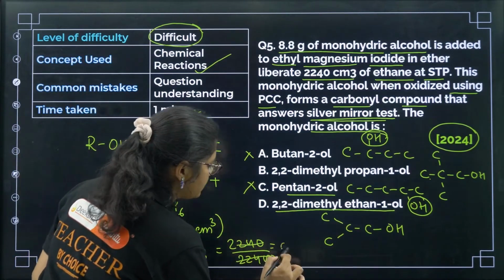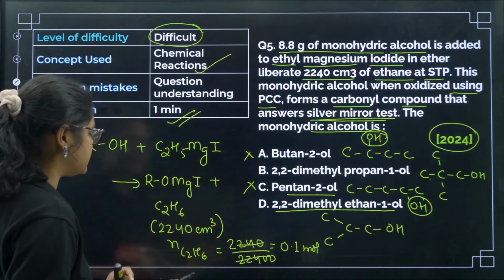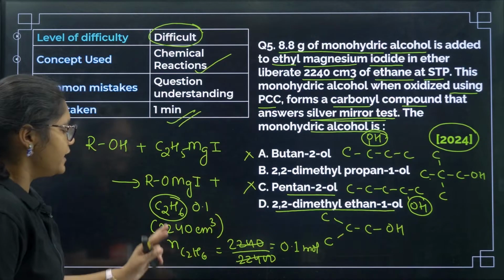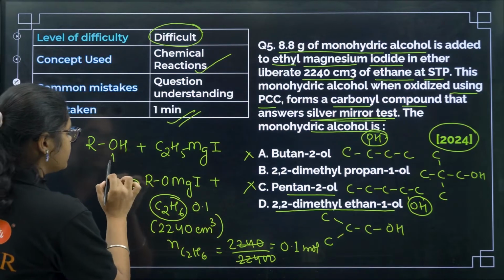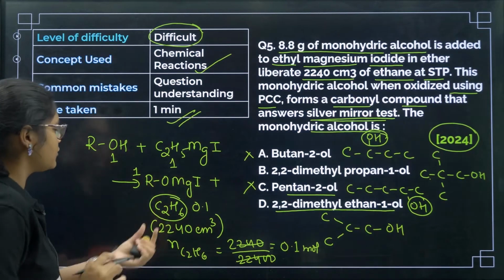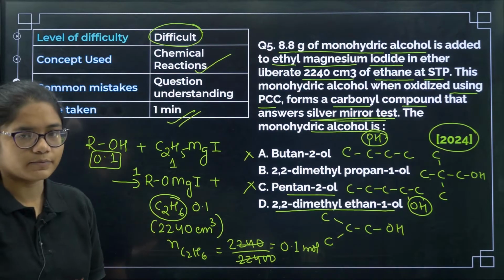If you divide, I'll get 0.1 mole. So what can I say? That this must be 0.1 mole. If this is 0.1 mole, then 1 mole of this reacts with 1 mole of this to give 1 mole of this. Now if this is 0.1, then definitely this monohydric alcohol is also 0.1 mole, right?